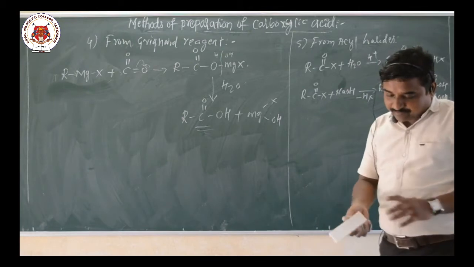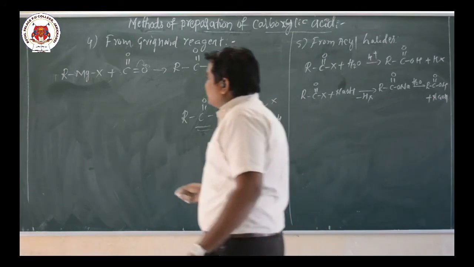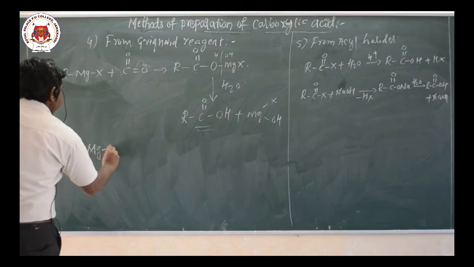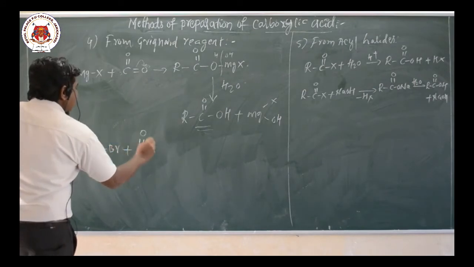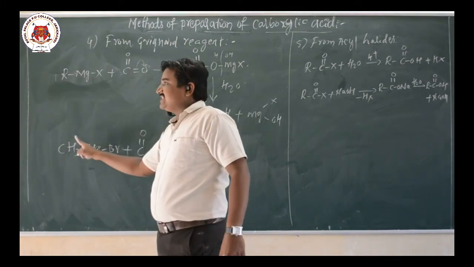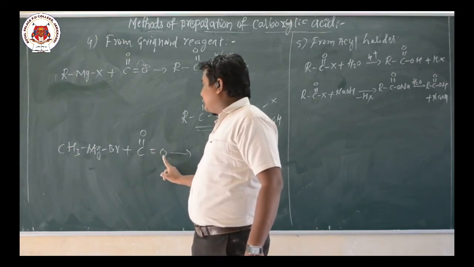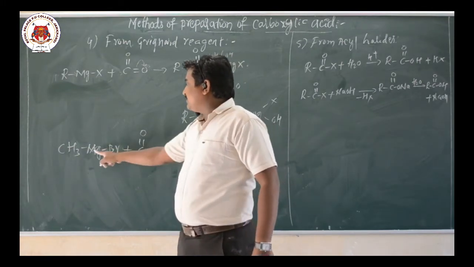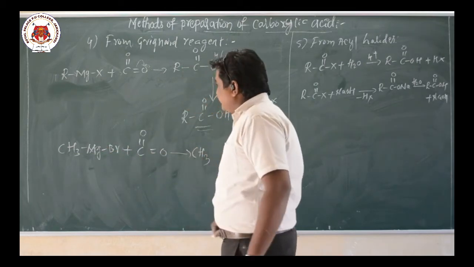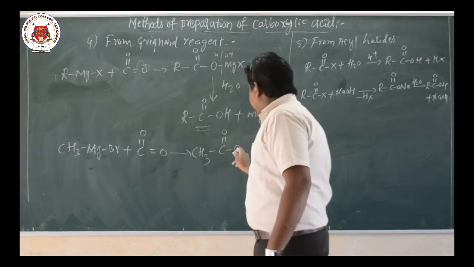Let me take one example, methyl magnesium bromide, CH3MgBr, which reacts with carbon dioxide. Again there is an intermediate product. The CH3 is a negative part which adds to this carbon, and this becomes O minus. To this O minus, the plus part MgBr is added. After hydrolysis you will get the corresponding acid, CH3 C double bond O, with the plus part MgBr added to the minus part.